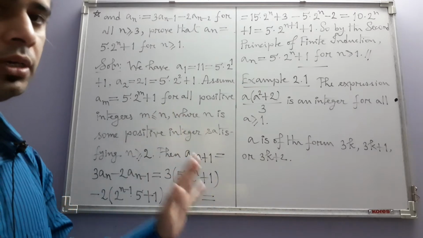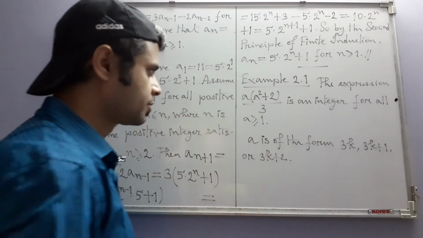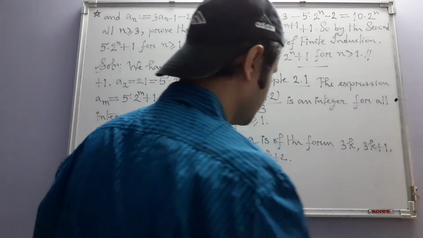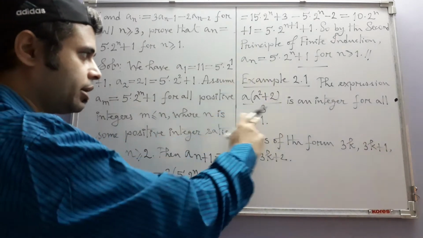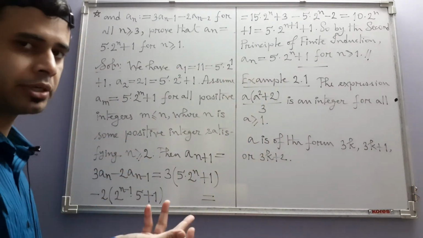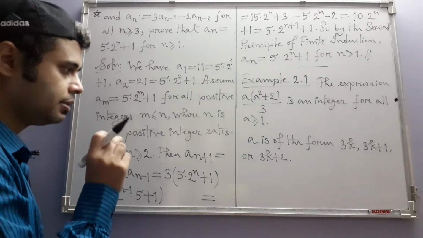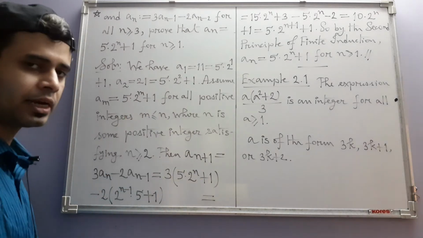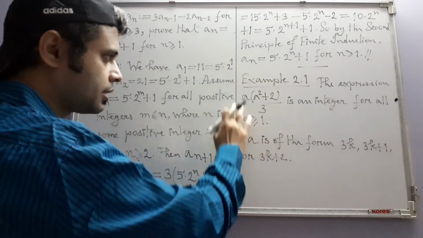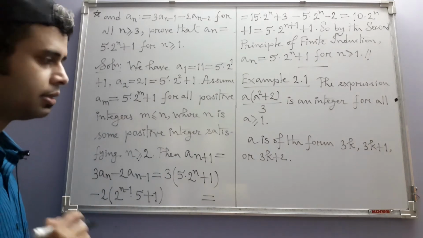These are the only possibilities. Now, for each of these forms, we calculate this expression. What the expression becomes, we will see that, and by doing that, we will see that in each case this turns out to be an integer.